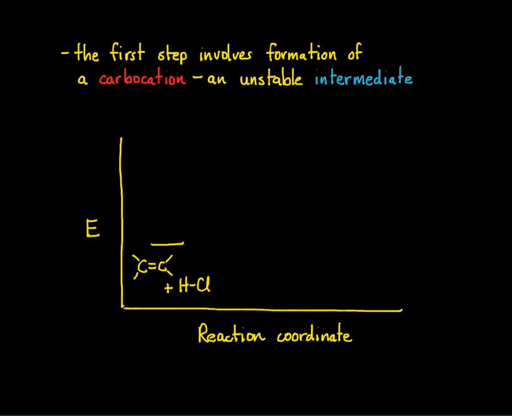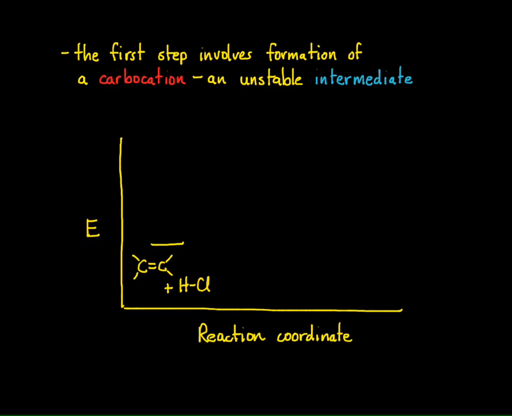And so what's happening? They start to come together and start to react. The pi electrons are starting to donate to the hydrogen, and the H-Cl bond is starting to break.